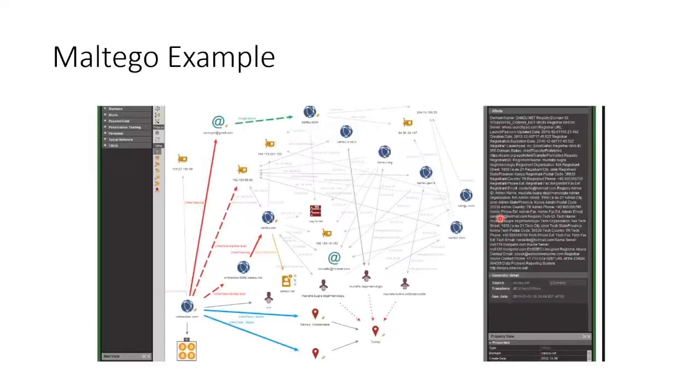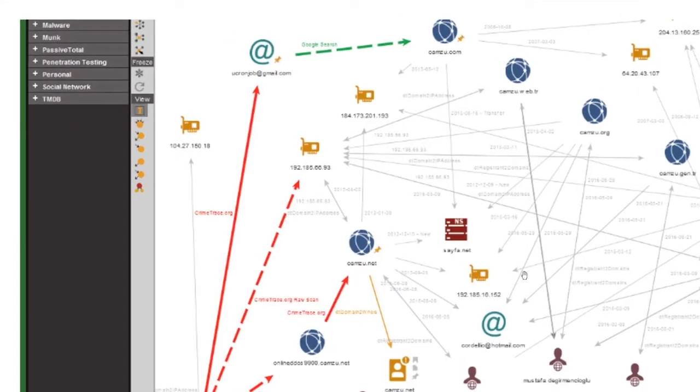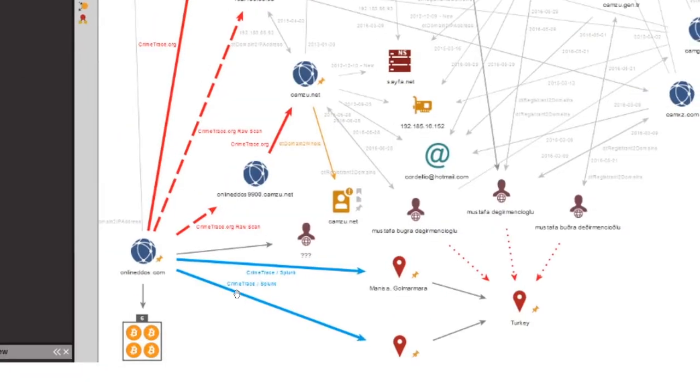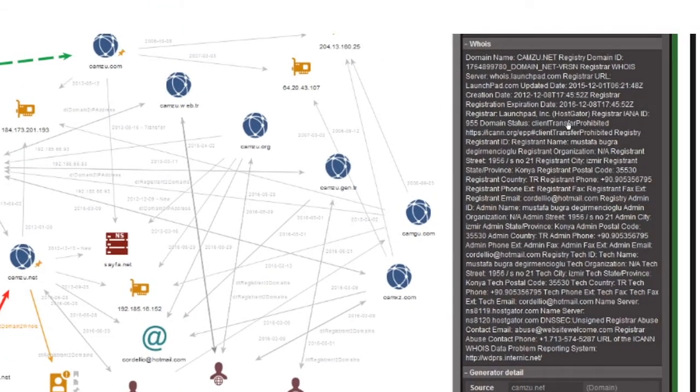Here's an example of Maltego. It's very worthwhile to take a look at, and you can see all of the relationships here between IP addresses and website names and people and email addresses. A very interesting way, and it does all of this lookup information.